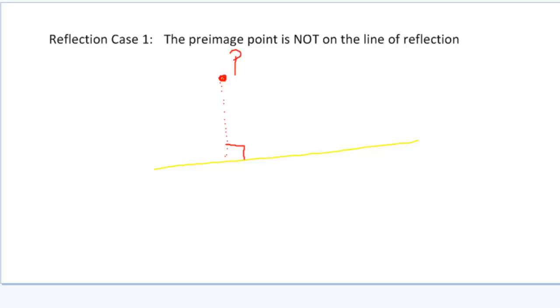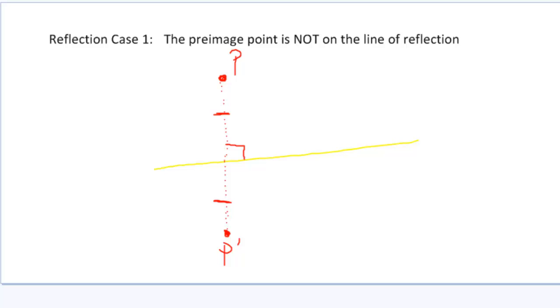Furthermore, on the other side of the line of reflection, you would have another 90-degree angle, and you would also find that the segment from the line to the reflected point is the same distance, it's congruent to the segment from the original point, the pre-image, to the line.